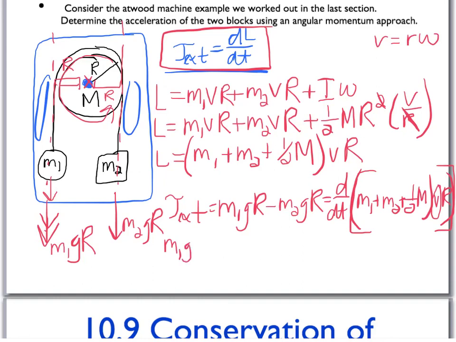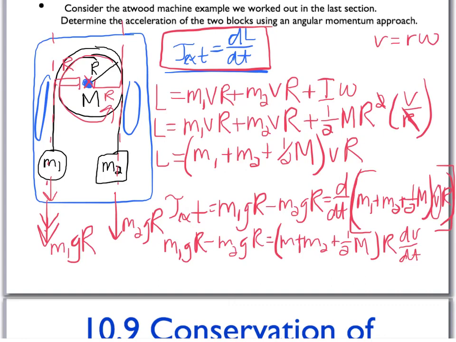So really, I can write my equation as an M1 plus M2 plus 1/2 of capital M, and then multiply that by the R and dV dt. And of course, what is dV dt? Well, really, we could just write that as an A.